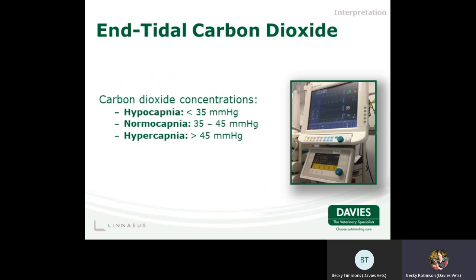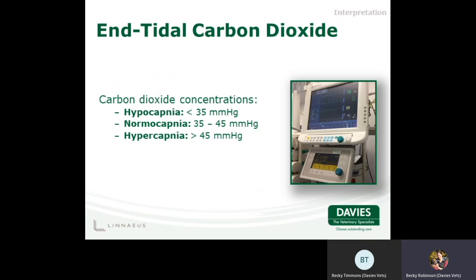In terms of what is normal for our end-tidal carbon dioxide levels, as we've already said, in most healthy dogs and cats, the end-tidal carbon dioxide is very similar to the concentration of carbon dioxide in the patient's arterial blood.